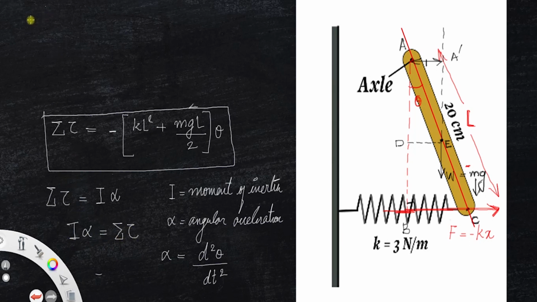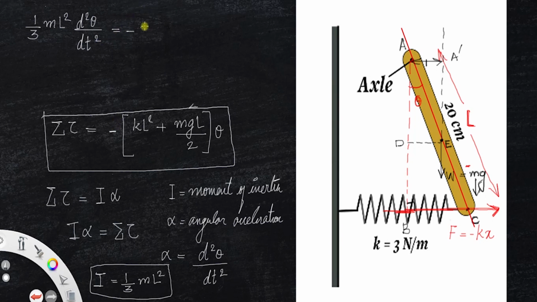They have given the value of I, it's actually 1 by 3 ml square. The value of I is given in the question itself. So you can write 1 by 3 ml square, that's the I, into alpha, which is d square theta by dt square, equal to minus k L square plus mg L by 2 into theta.